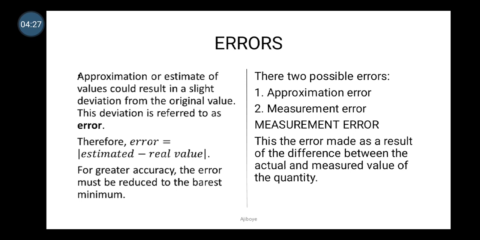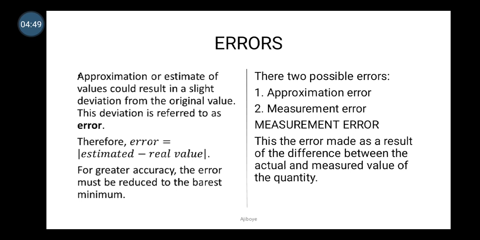Measurement error. This is the error made as a result of the difference between the actual quantity and measured value of the quantity. So the measurement error is the error observed when you are trying to take a measurement.